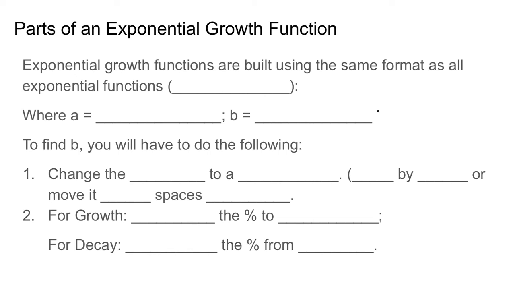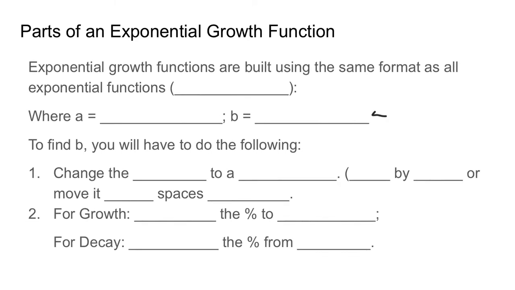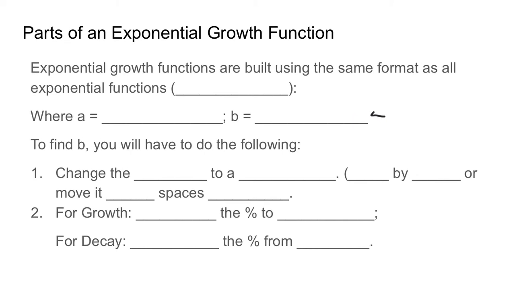So exponential growth functions are all built in the same format as normal exponential functions. We're still dealing with those functions that are written in that a times b to the x. Remember, a represents your y-intercept or your initial value.